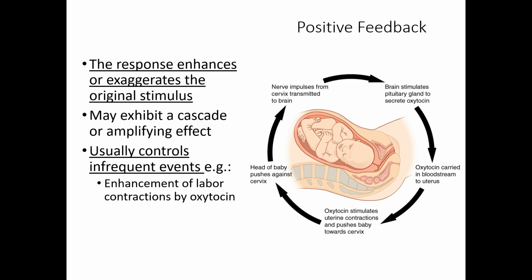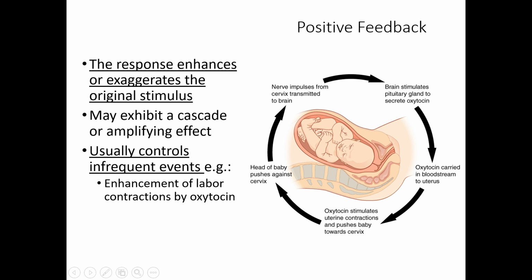In very rare cases, when something changes, the body doesn't try to return it back to normal, it supports the change. That is called positive feedback. The best example of the positive feedback probably would be pregnancy and childbirth. When a baby is growing inside of the mom's uterus, it causes a lot of changes in the woman's body.